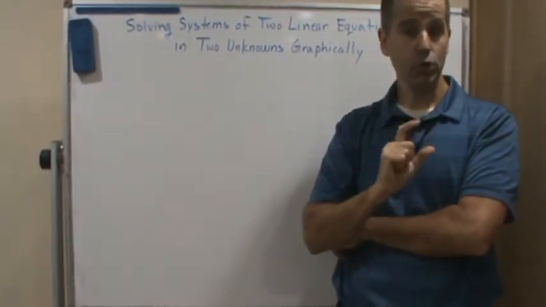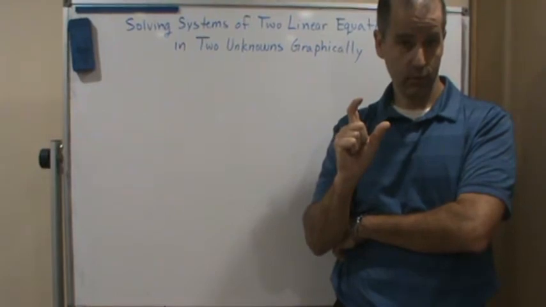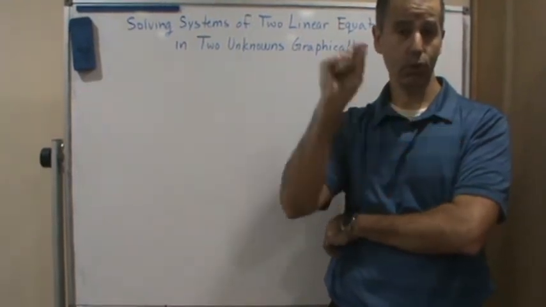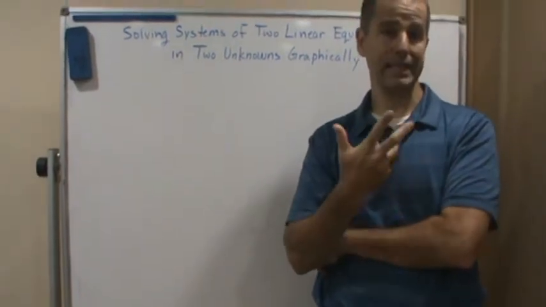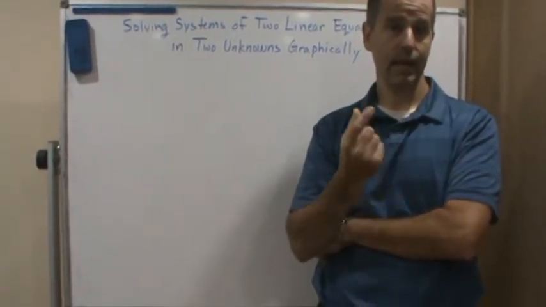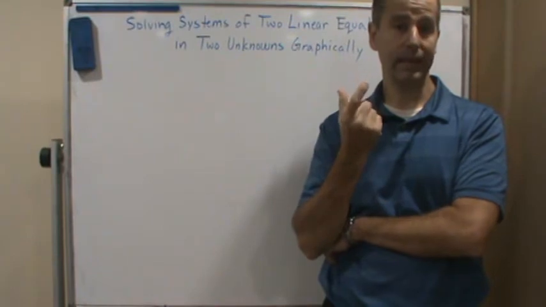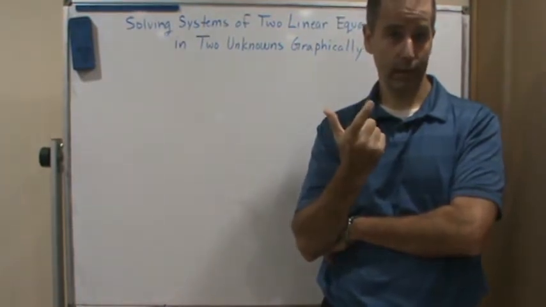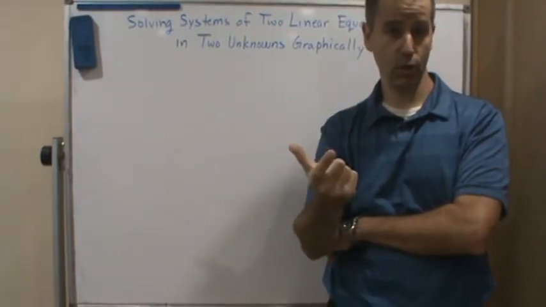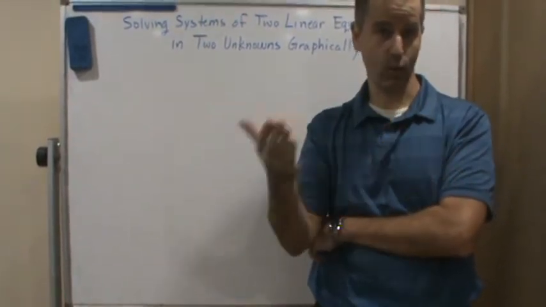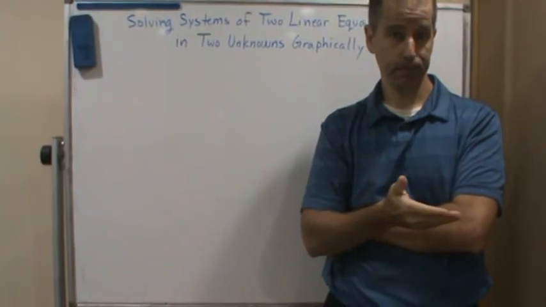So if we have two equations of a line, that means we have two lines that we can sketch. The solution to the system is a point, right? An x and a y. It's a system of two equations in two unknowns, which means we have, let's say, an x and a y in both.